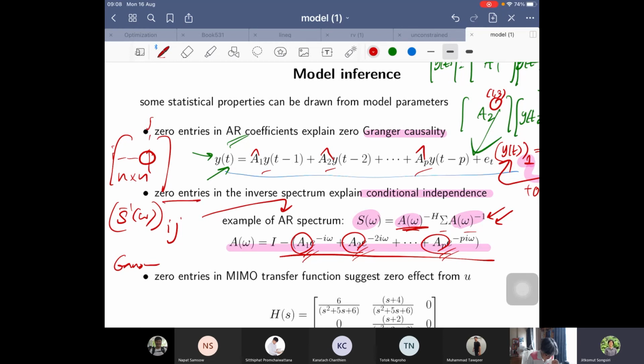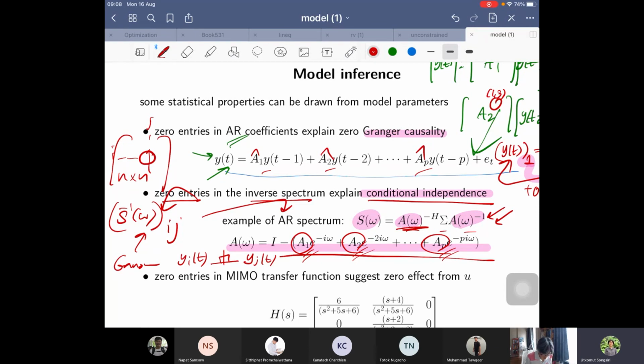The 0 in the ij element of the inverse spectrum signifies conditional independence, which means the corresponding component I of your time series process is independent of the component J, conditioning on other variables.